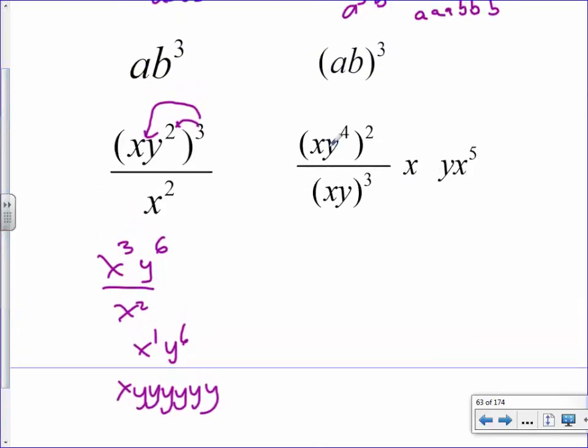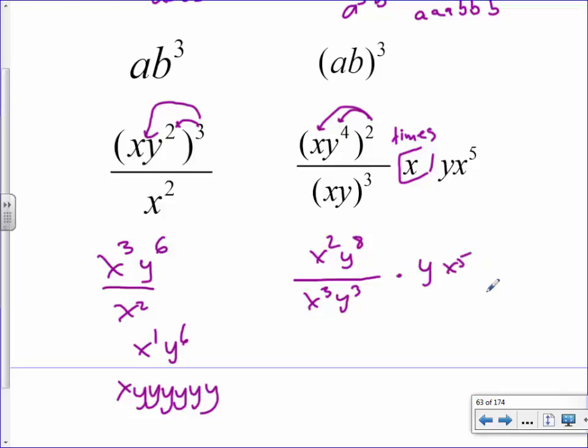Okay, one last one here. Well, this 2 right here applies to both of these. So it means you have an x squared. If you have 2 y to the 4s, you have y to the 8. Right? What about the bottom? Well, you have 3 x's and you have 3 y's. By the way, this x right here was meant to be a times sign. So if we times that by y x to the 5, it's almost like you can just continue that fraction going.